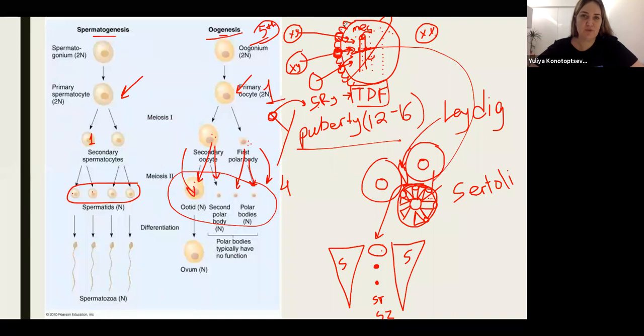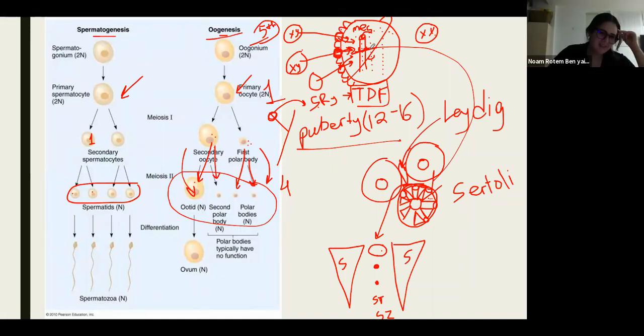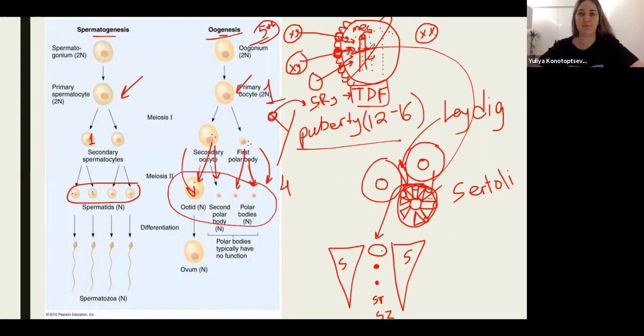Okay, so it comes from the surface epithelium of the gonads. Where did spermatogonia come from? PGC. So what is the one thing we haven't used yet? The mesenchyme. Leydig cells come from mesenchyme. They arise from the mesenchymal stem cells of the gonad.